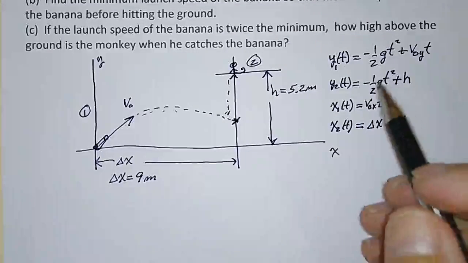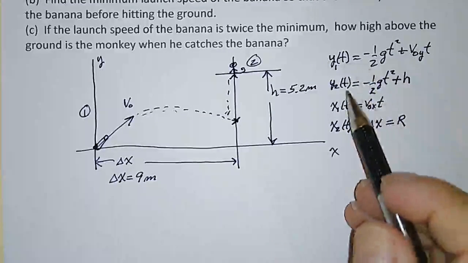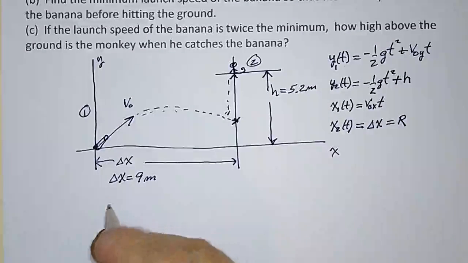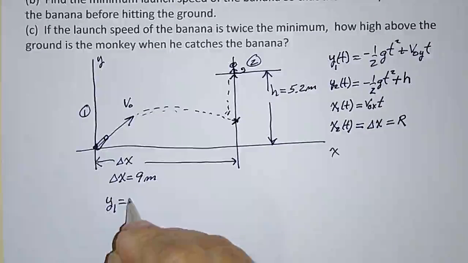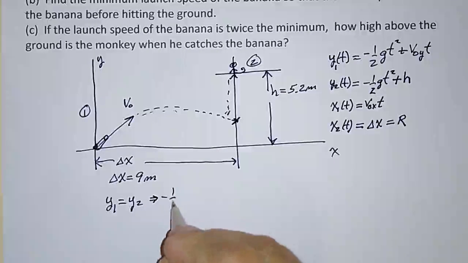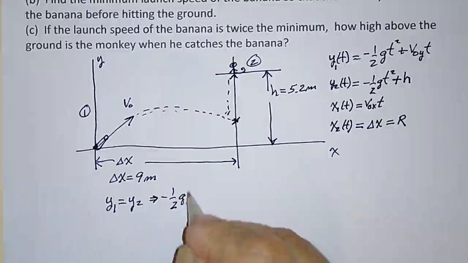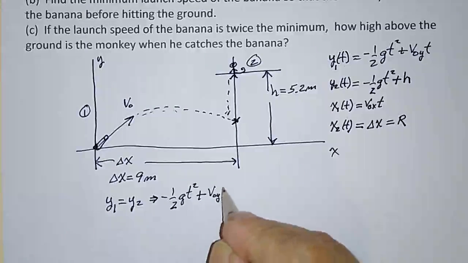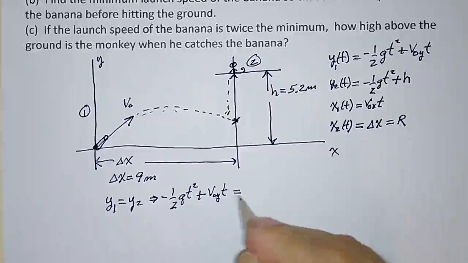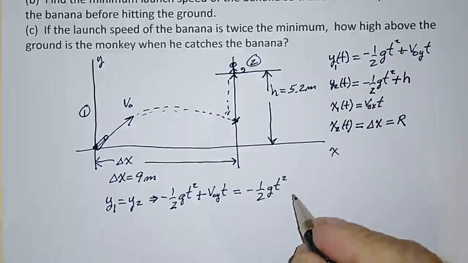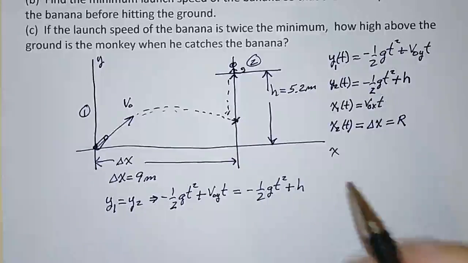So first of all, y1 and y2 will be equal at this point where they come together. So I can write that y1 is equal to y2. So that looks like this: minus 1/2 g t squared plus v naught y t has to be equal to minus 1/2 g t squared plus h.